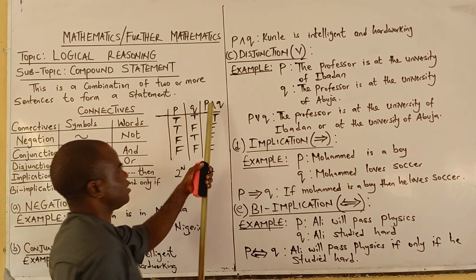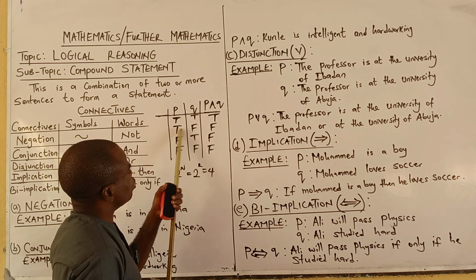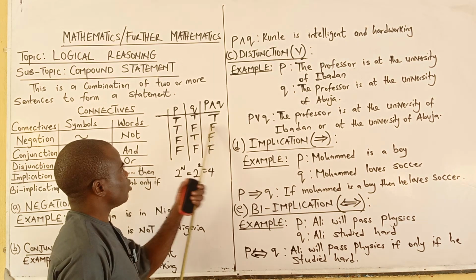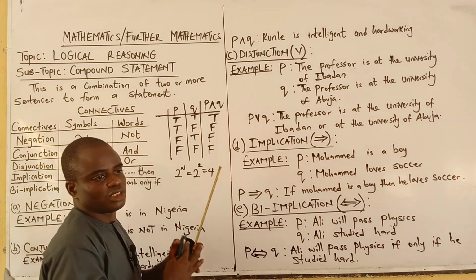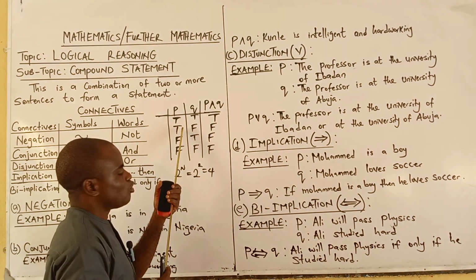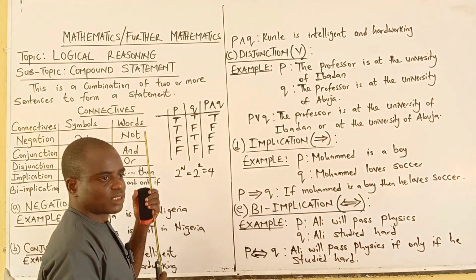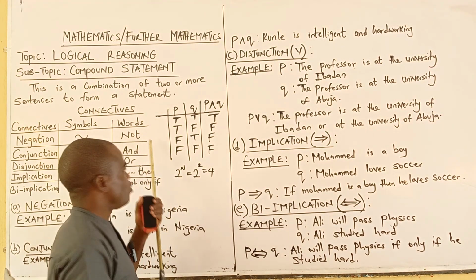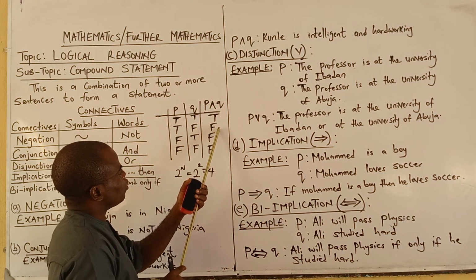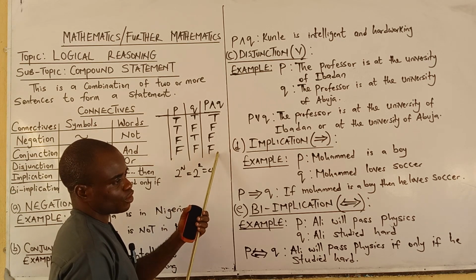Because of the and, it makes the true turn to false in the statement. Because the and joined the two sentences together, whatever affects the first sentence will affect the second sentence in and. That's why since you have true and false, make it false. False and true, make it false. False, false, make it false.